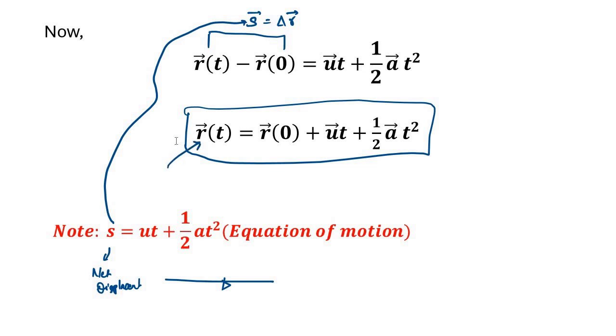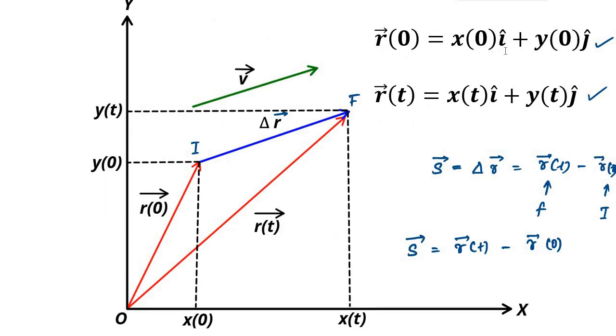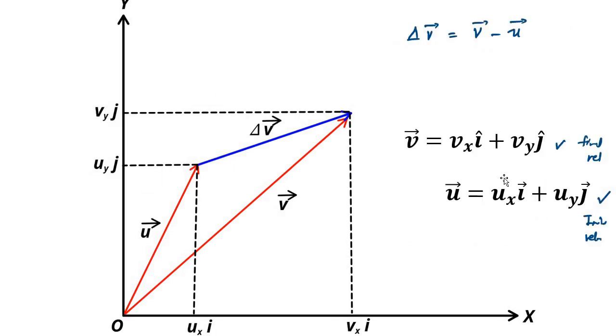Now, if you see, we have r0 written as x0 i cap plus y0 j cap, rt is xt i cap plus yt j cap, u vector is equal to ux i cap plus uy j cap, v vector, final velocity, is vx i cap plus vy j cap.